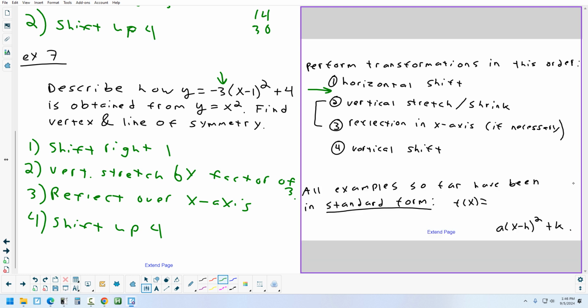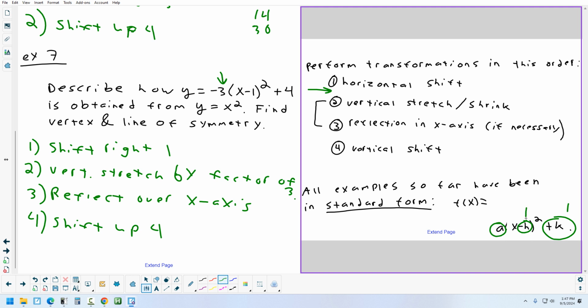Okay, so every problem we've done so far has been in standard form. So the spaces you have to look at for your transformations are, look in the front, look at the number inside after the x, and then look, is there something added or subtracted on the end? That can give you one transformation.